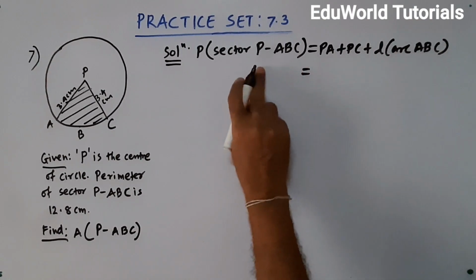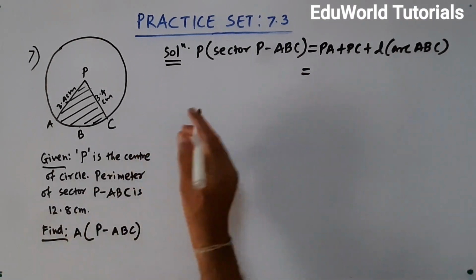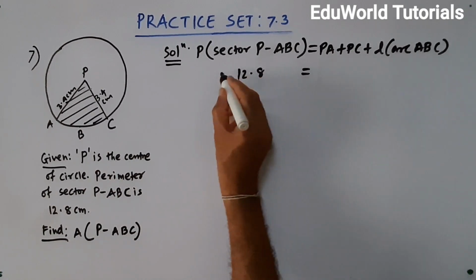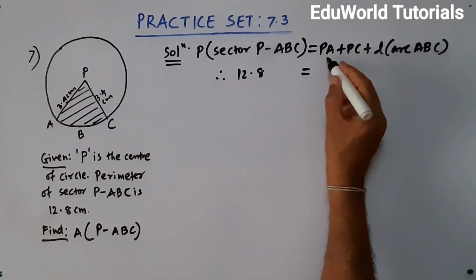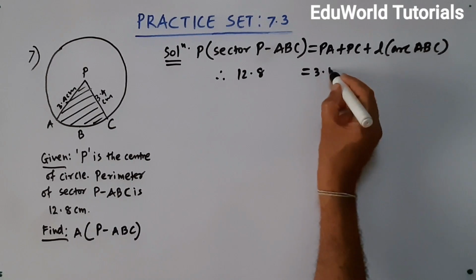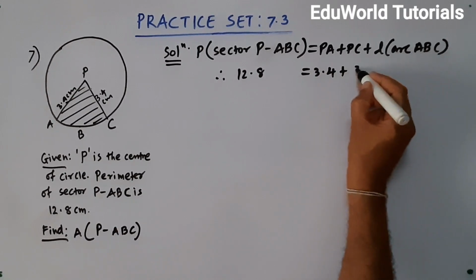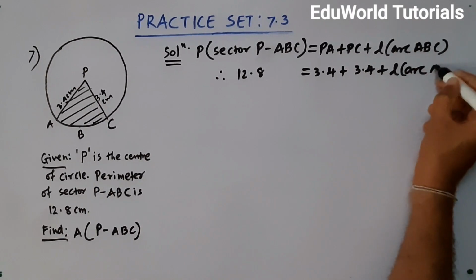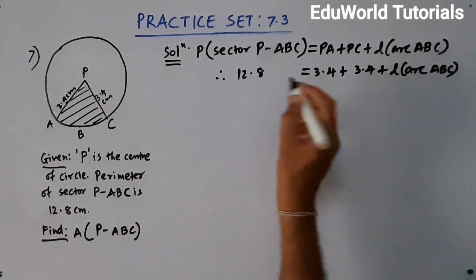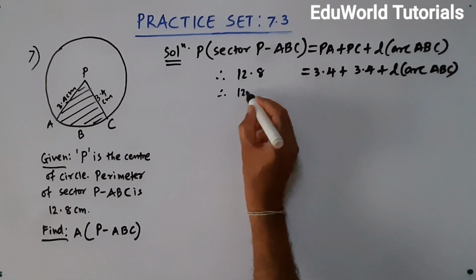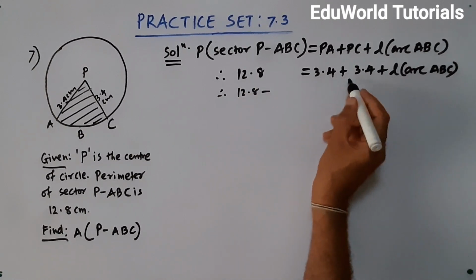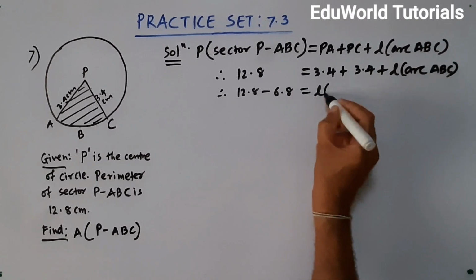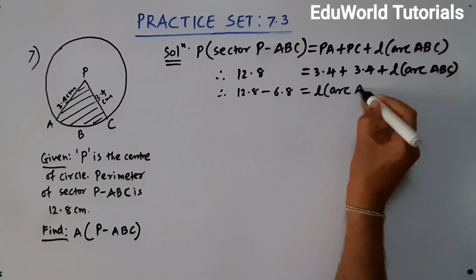Now perimeter of the sector PABC is given, 12.8. Radius PA is 3.4. Another radius PC is again 3.4, plus length of the arc. Students, the length of the arc is indirectly given. So 12.8 minus the sum of 3.4 and 3.4, which is 6.8, is equal to length of the arc ABC.